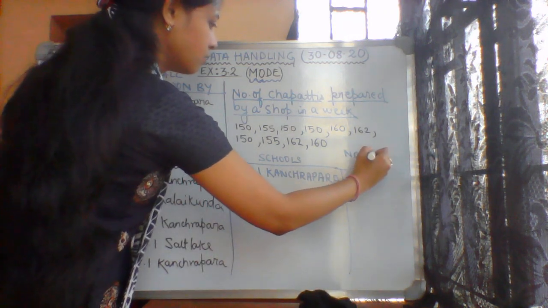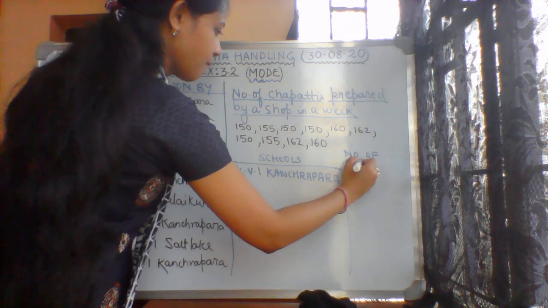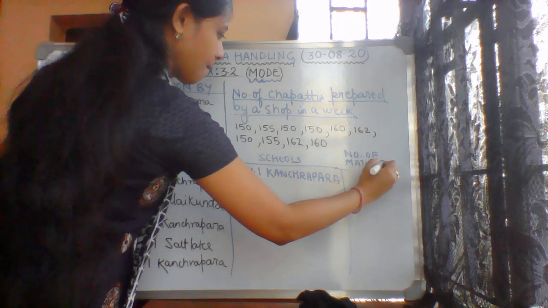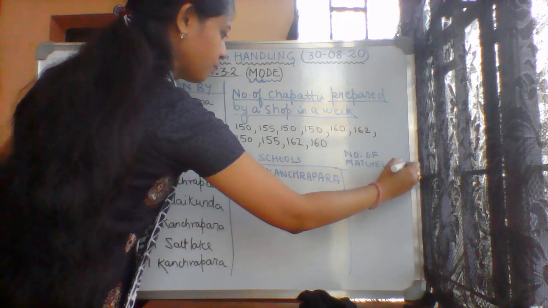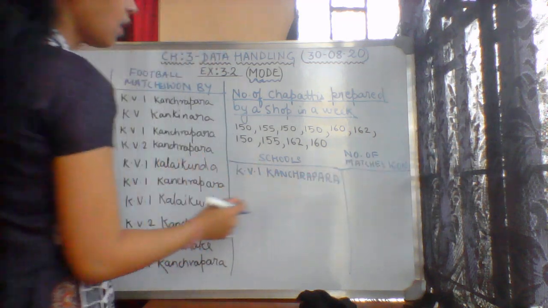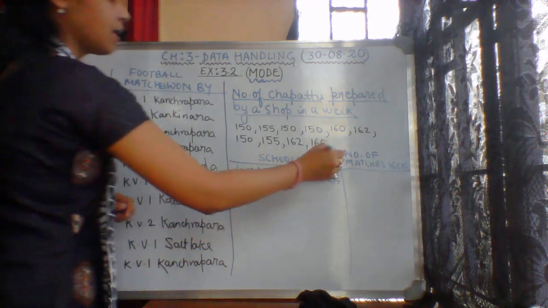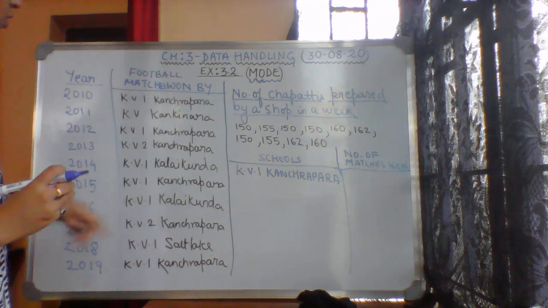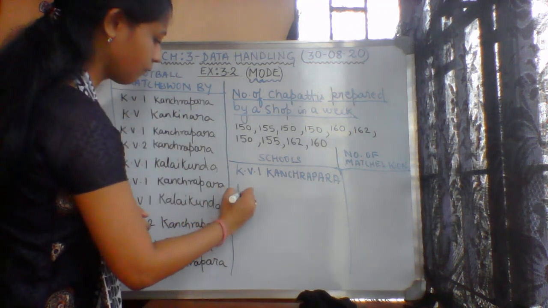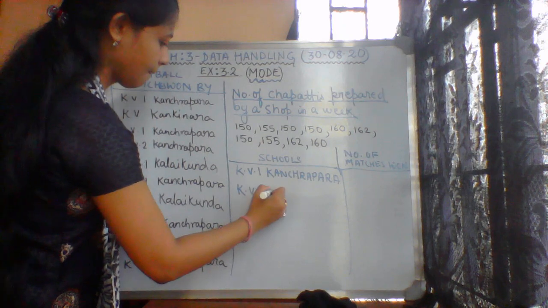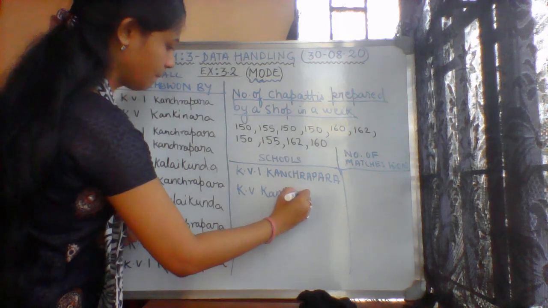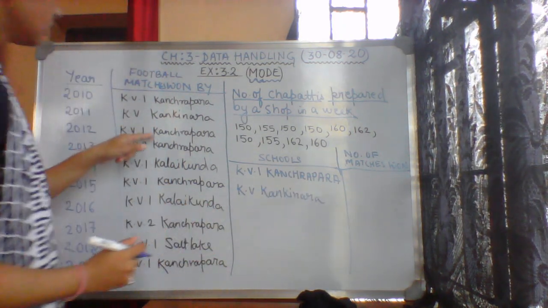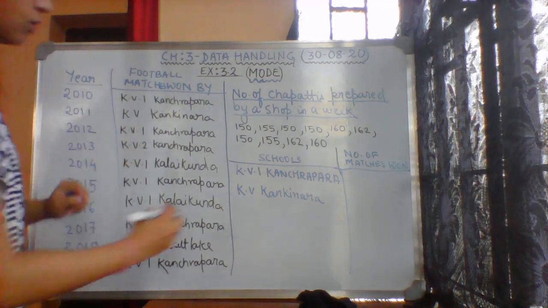Number of matches won. Each school has won how many matches? That I am going to mention here. Now first school I can see KV1 Kachrapara, then KV Kakinada. Then KV1 Kachrapara, then KV2 Kachrapara.